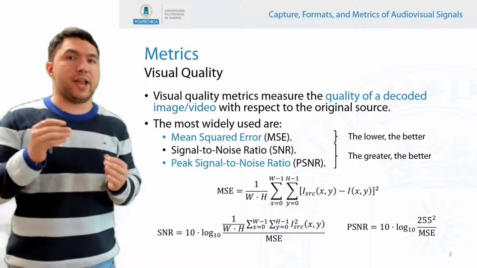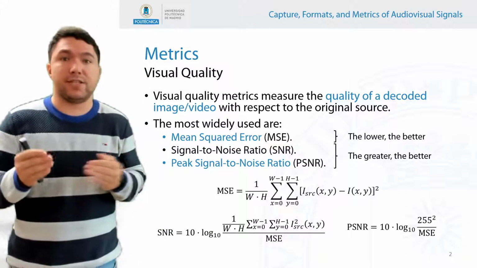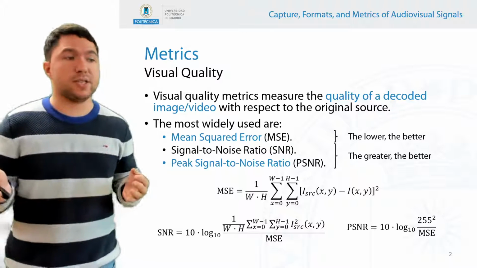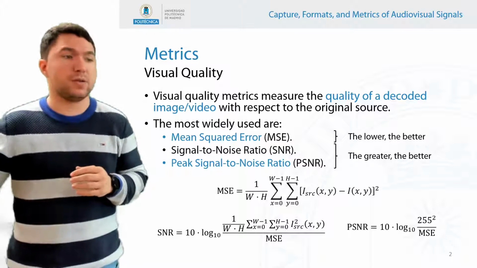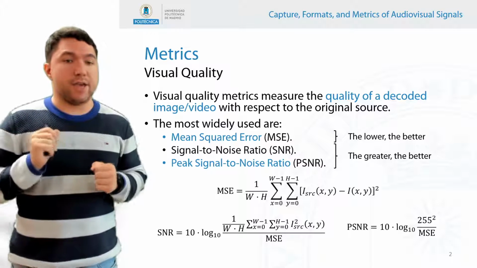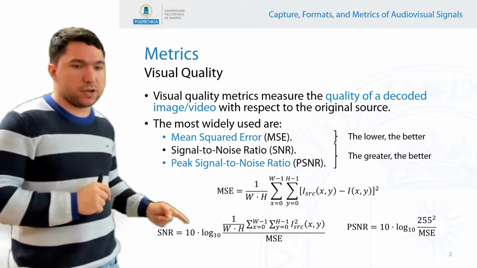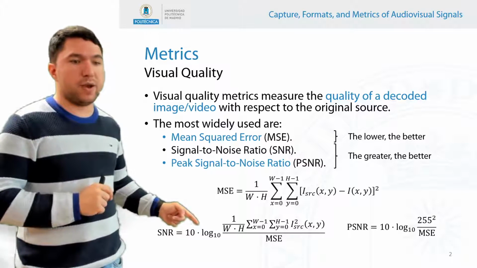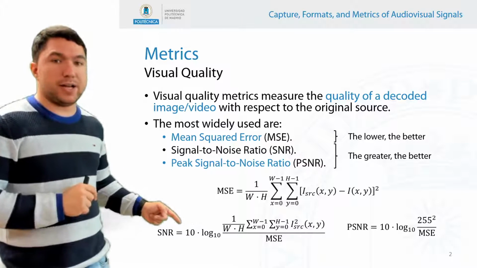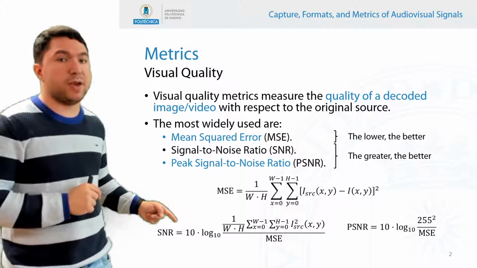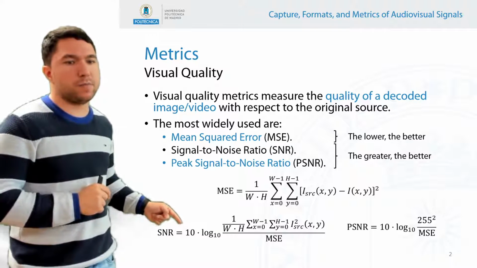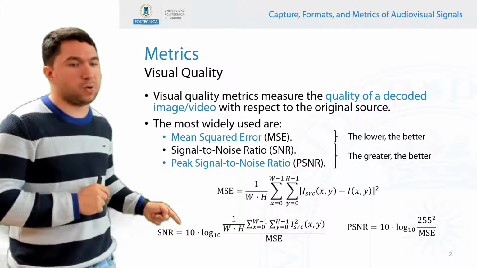So it's a ratio, as its name says: signal, the original, to noise, the decompressed, ratio. In this case, it is measured on a logarithmic scale, so we apply the logarithm, and the typical unit is decibels, so to make it deci, we multiply by 10 as well.